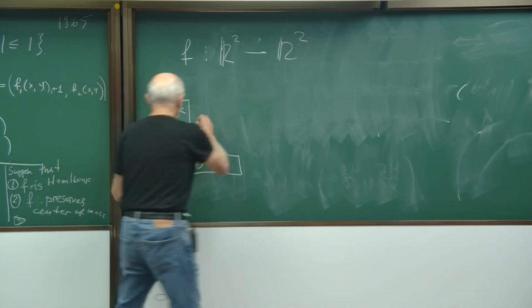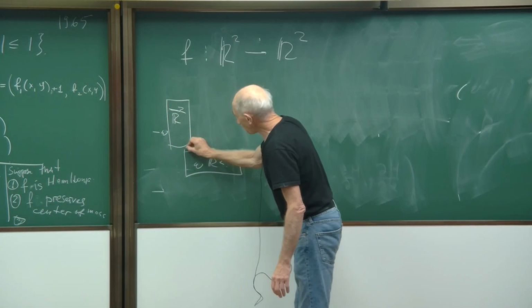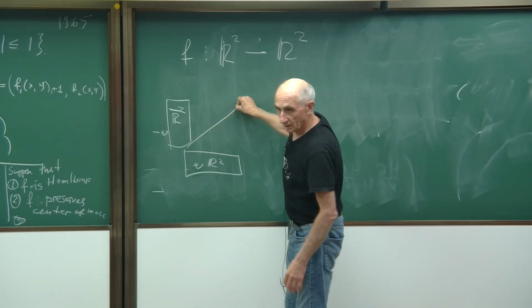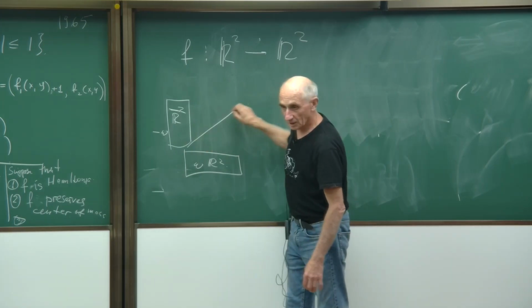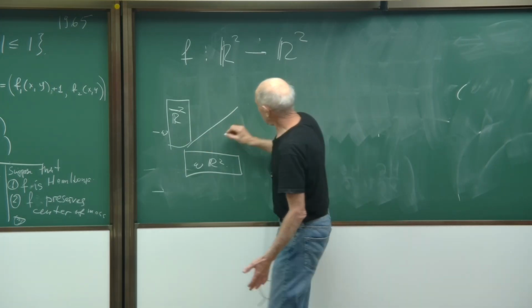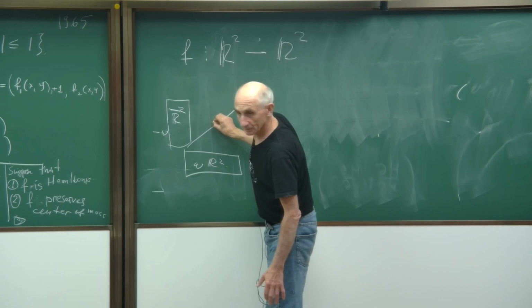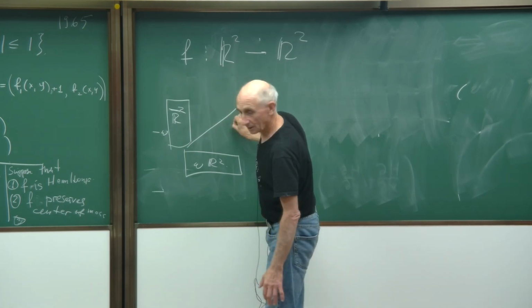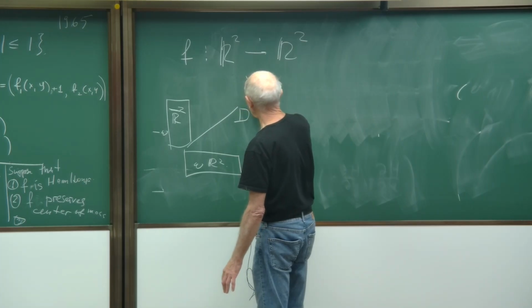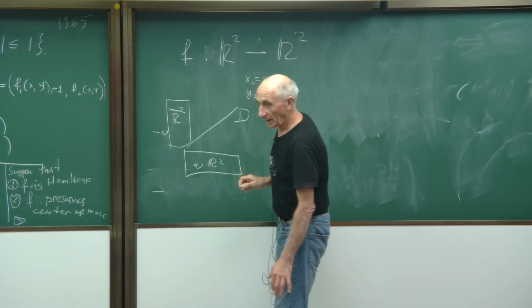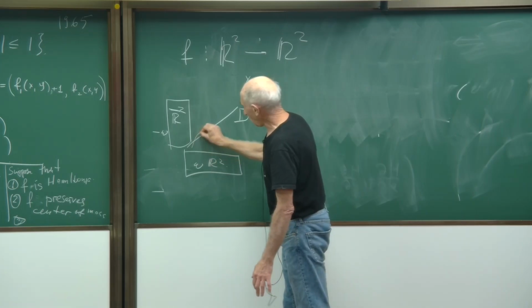And now I take a product, and in the product I have our graph and the diagonal, the so-called diagonal D. That means x2 equals x1, y2 equals y1, and you have our graph.